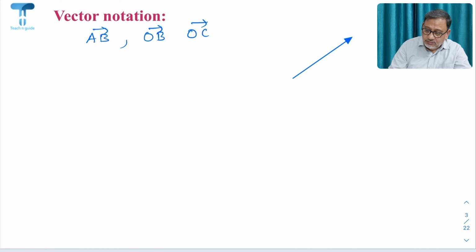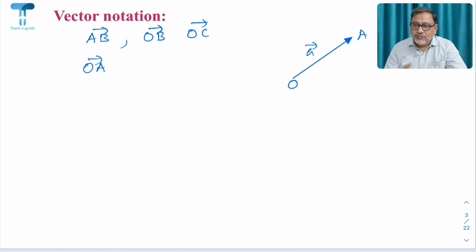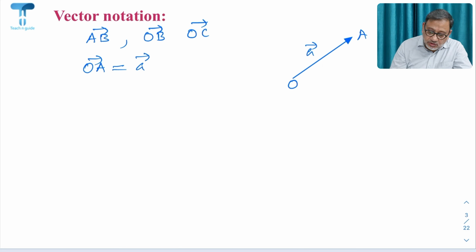So this is my vector OA. Now this vector I can call OA, or I can also write it as a small letter a with an arrow, because in the book you have bold letters, as I already told you.